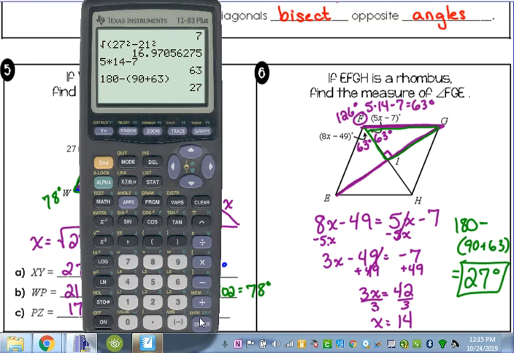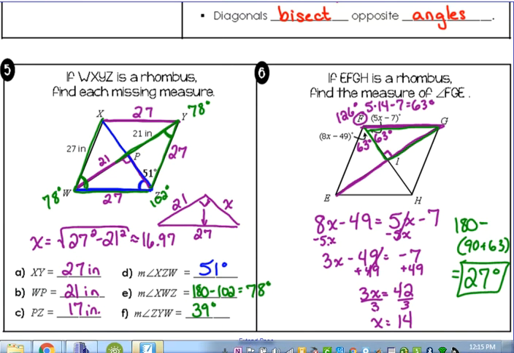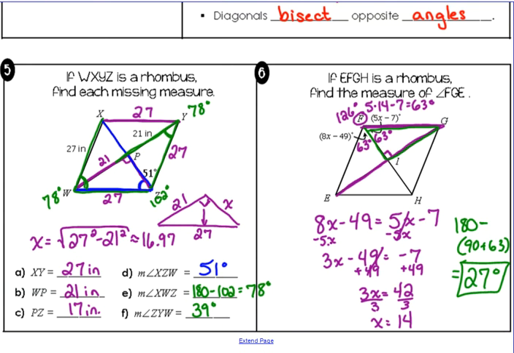And yeah, unfortunately, there's no magic formula. I can't tell you exactly how you have to approach each of these problems. You really just have to kind of take a step back, look at what information am I given, what information are they asking for, and what do I know about this shape?